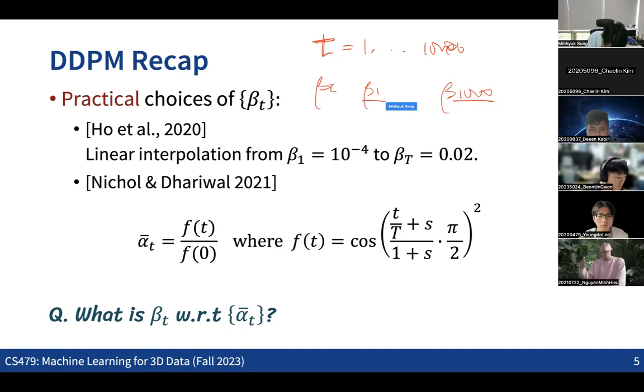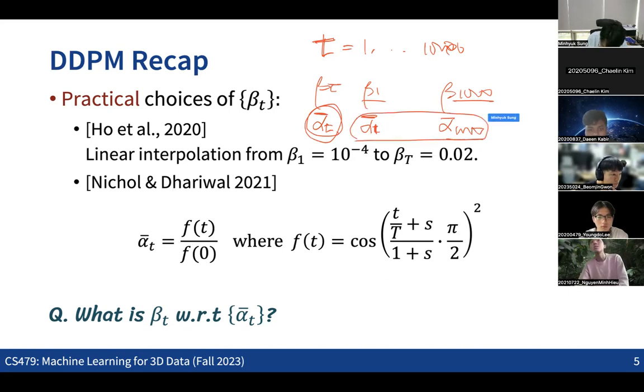But instead of this, we can consider defining the alpha t hat from 1 to 1000, and based on that we can calculate the beta based on the numbers that we define for the alpha hat. Then if we have the set of the alpha hat, how can you compute the beta t for each time step t?